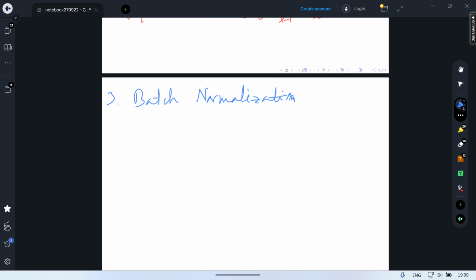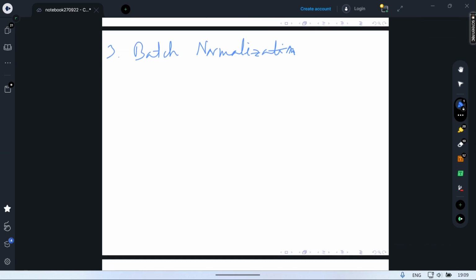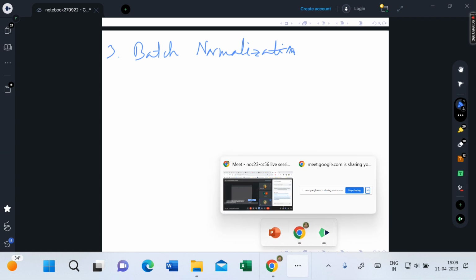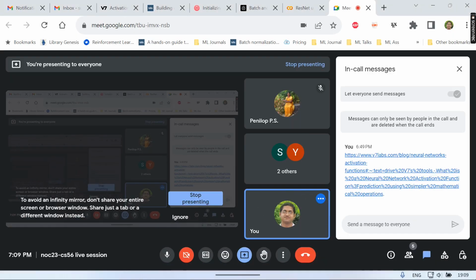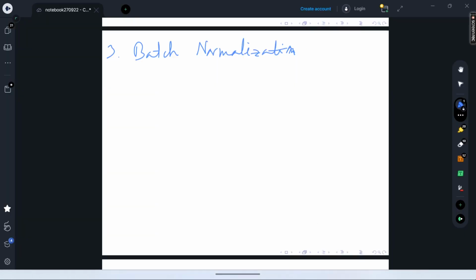Okay, so let me introduce batch normalization a little bit. You will be giving some information about batch normalization, no?